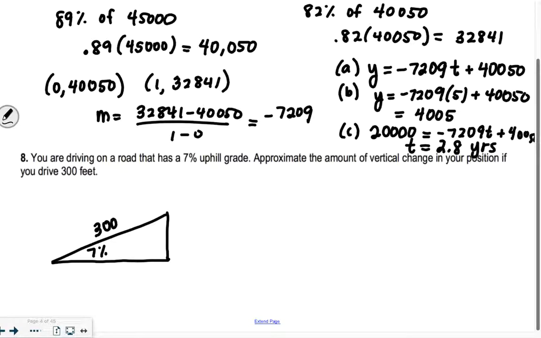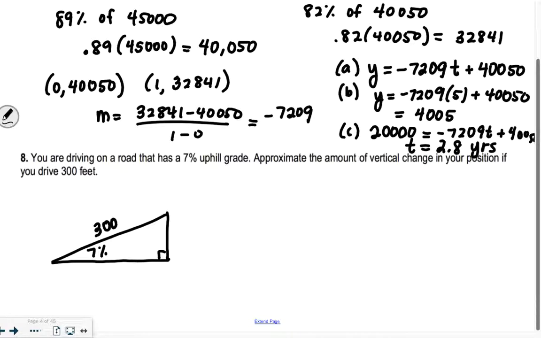You can find this a couple different ways. One way would be to use our favorite, SOHCAHTOA, but would you be able to use 7%? Yeah, you'd have to change it into degrees, so that's kind of weird. So let's think of it with equations of lines.